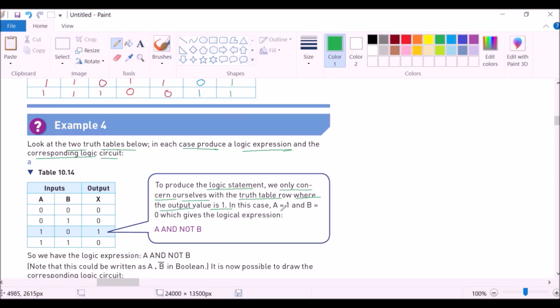In this case, A is equal to 1 and B is equal to 0, which gives the logic expression A and not B. So when A is high and B is low, that's when we have a high. So A and not B will give us a 1.